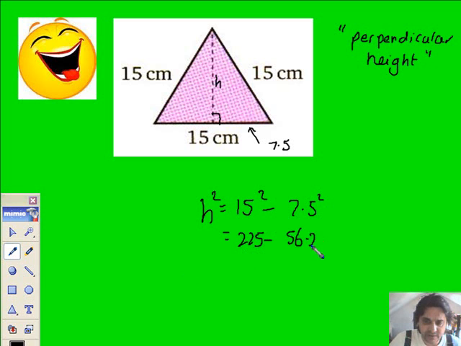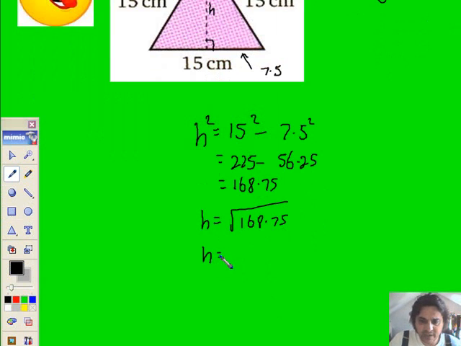Okay. 56.25. Let's do subtraction. Bam. 168.75. Now we hit that square root button like so, and we're going to get the height of that triangle.